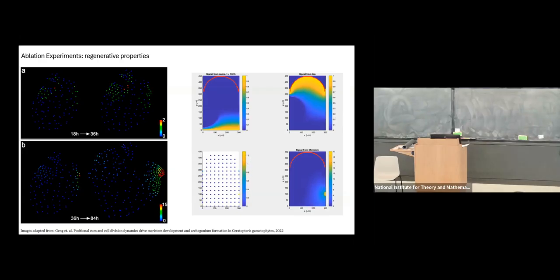This is the intensity of, I think it's called the DR5 marker, or signal for the auxin signal. You can see from the intensity, it's not really a sharp boundary between meristem and non-meristem.